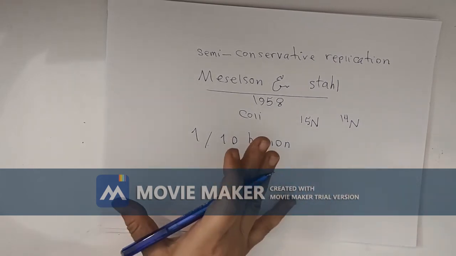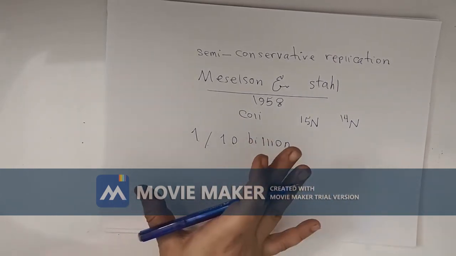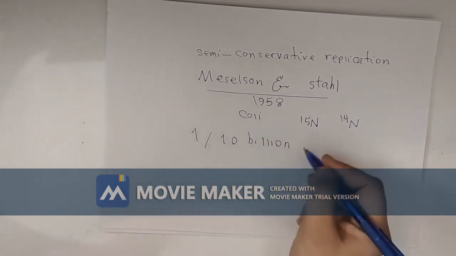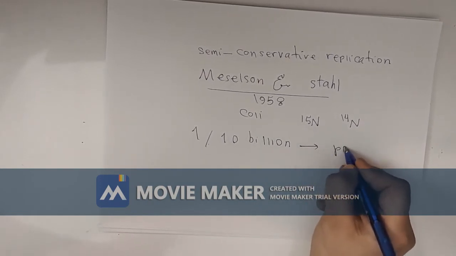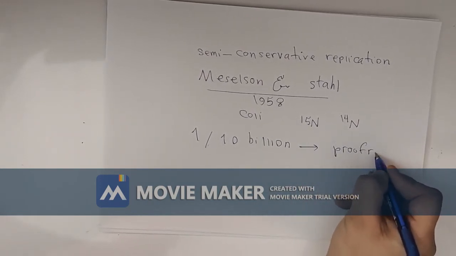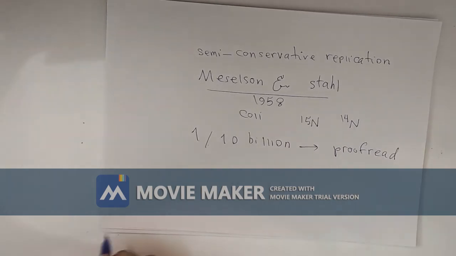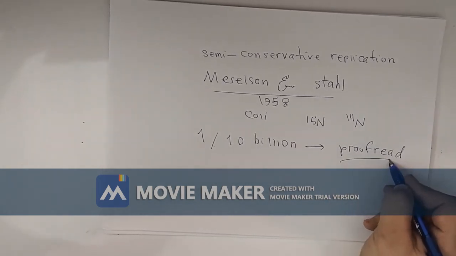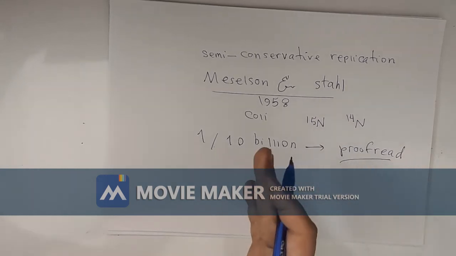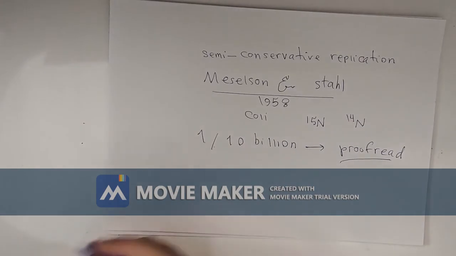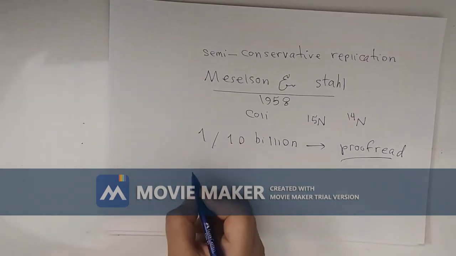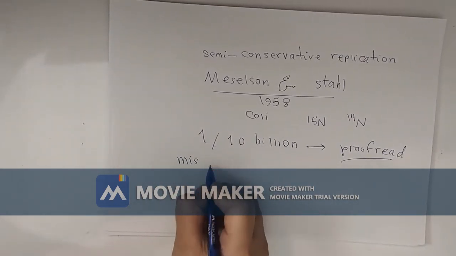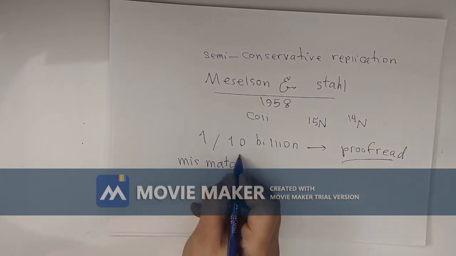However, the DNA polymerase comes to proofread the DNA and repair its mistakes as it goes along. Even when a mistake happens, another process comes, called mismatch repair.